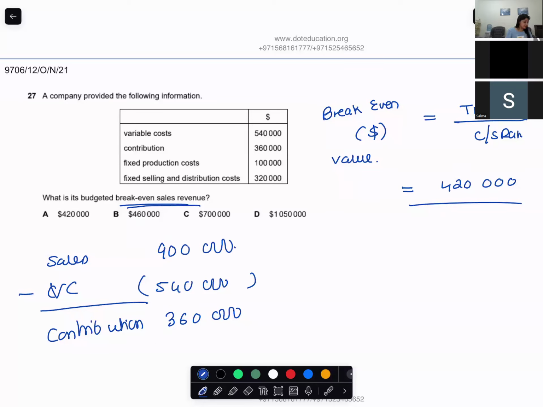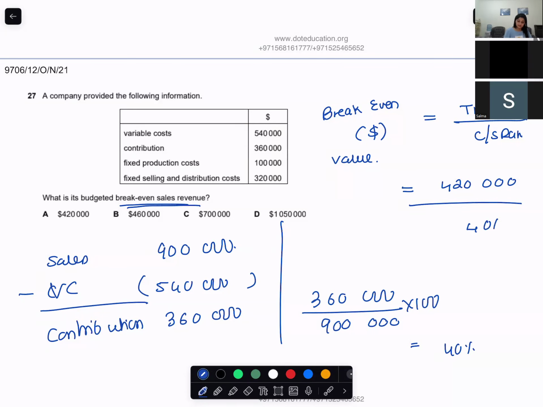So the contribution to sales ratio will become 360,000 divided by 900,000 into 100, which is 40%. So the break-even sales value will be 1,050,000.